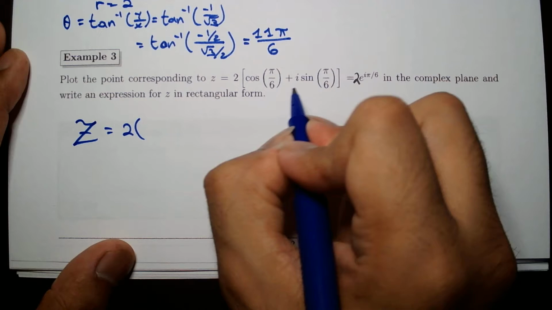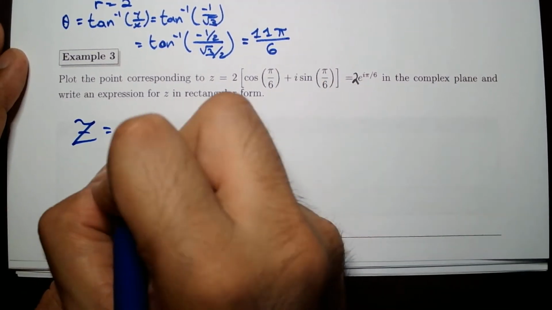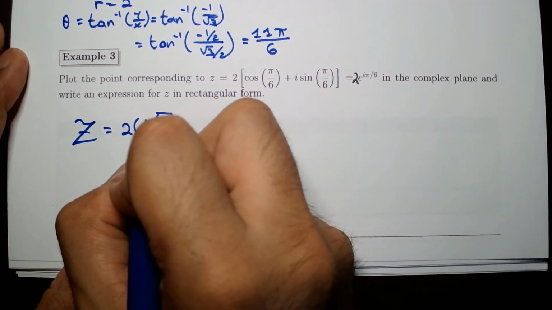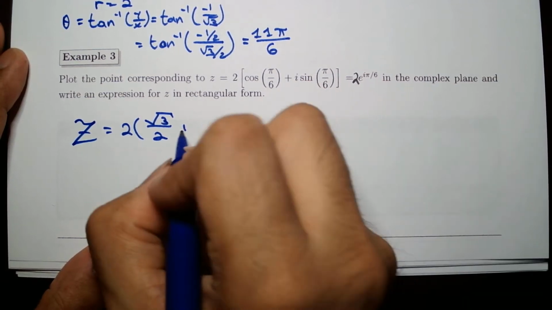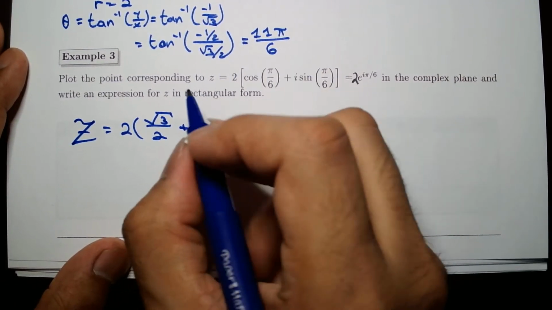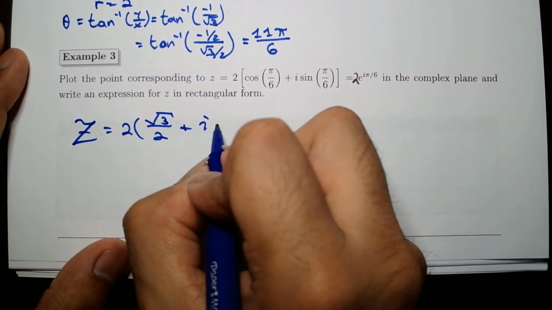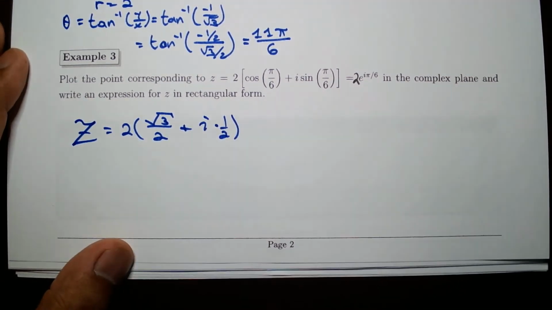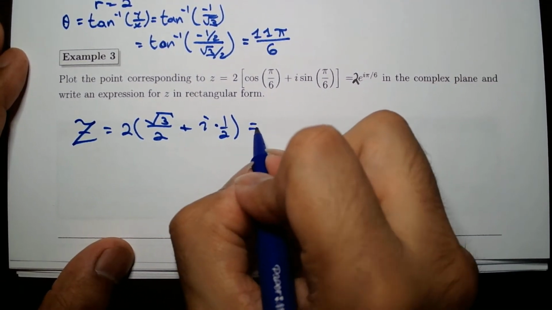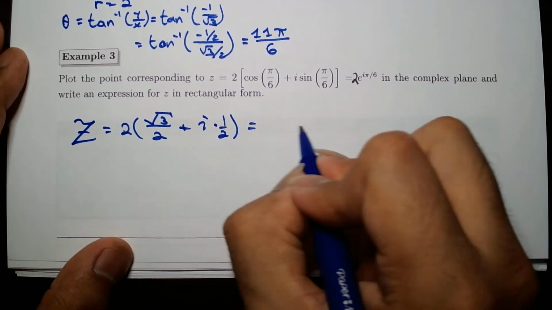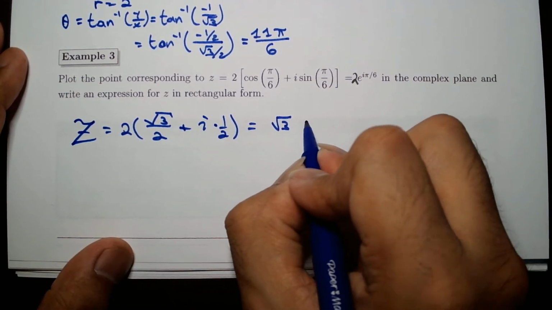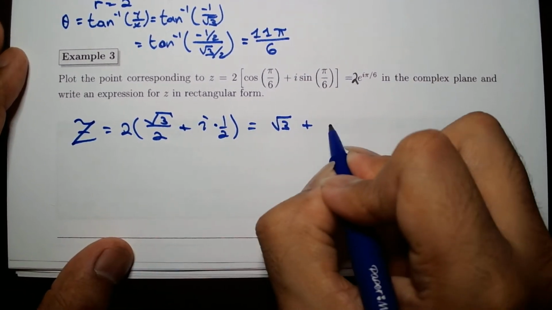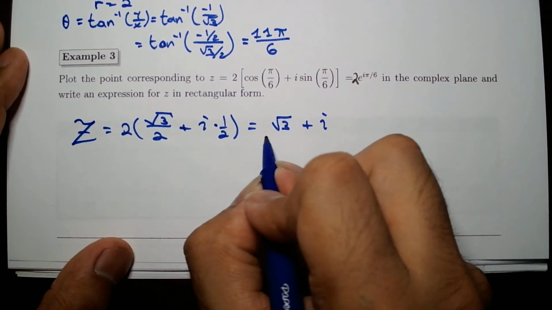So 2 times cosine of pi over 6 is the square root of 3 over 2 plus I sine of pi over 6, which in this case is 1/2. And that's it. That's all we have to do. 2 root of 3 over 2, that's simply root of 3, plus 2I over 2, that's simply I.